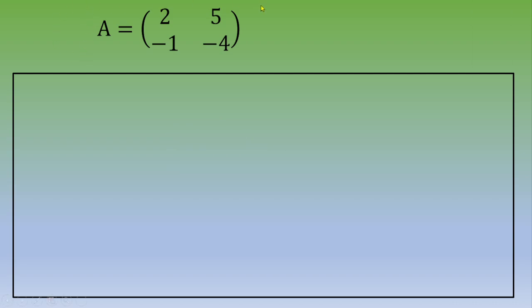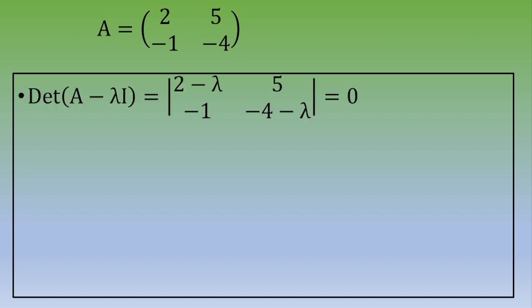If we want to find out first the eigenvalues of this matrix, we would like to start by finding out the characteristic polynomial. To do that, we need to calculate the determinant of A minus lambda I. So you rewrite the numbers of the matrix, and then you add negative lambda on the diagonal.